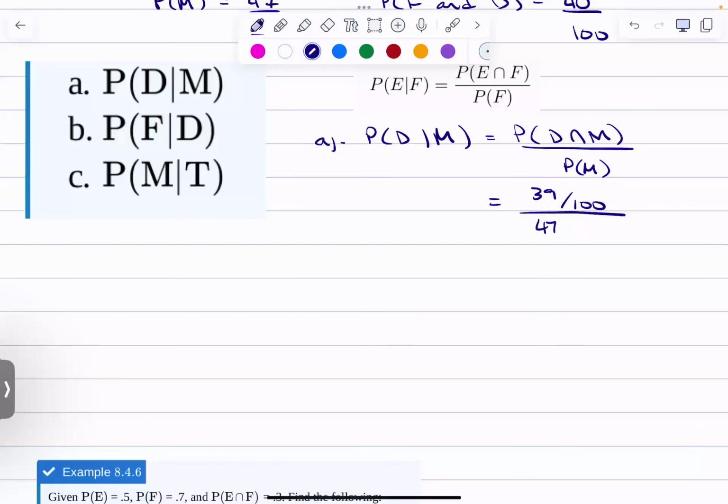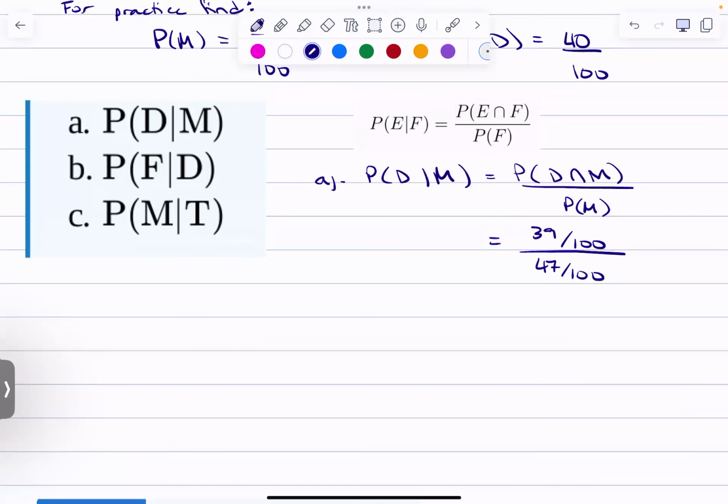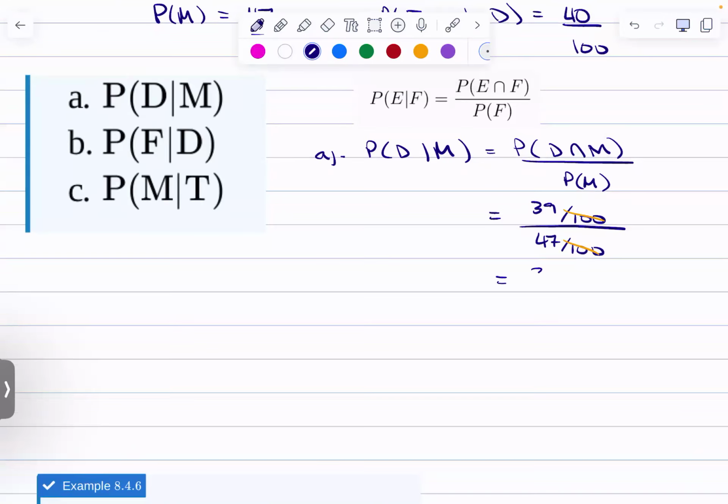You could use your calculator and find 0.39 over 0.47, that's totally fine. But because you're dividing by the same number, you could just cancel them out if you want to. They have to be the same, though, for you to be able to do that. And so the probability would be 39 out of 47.